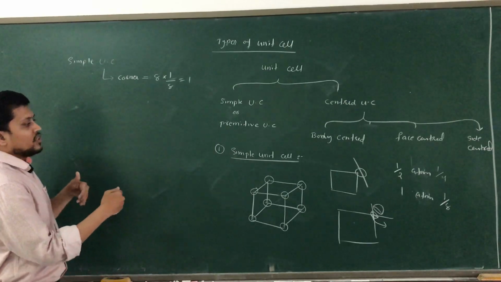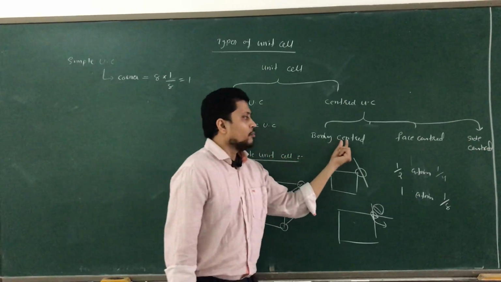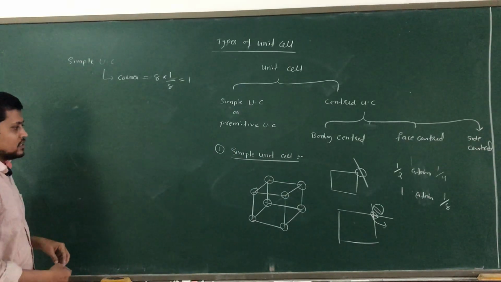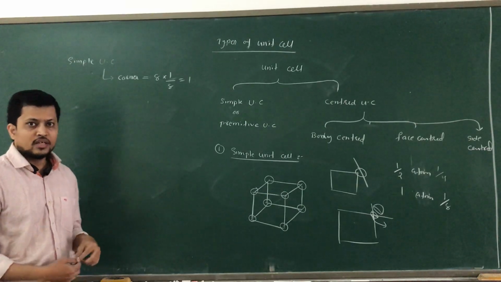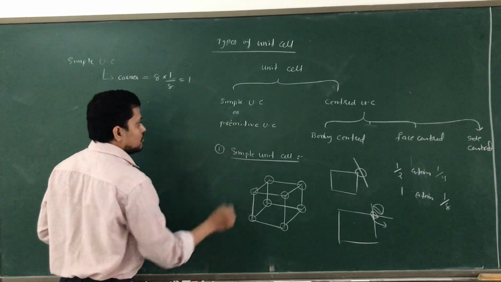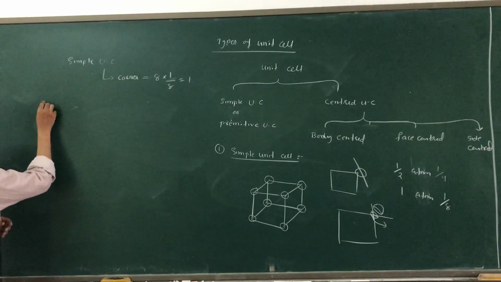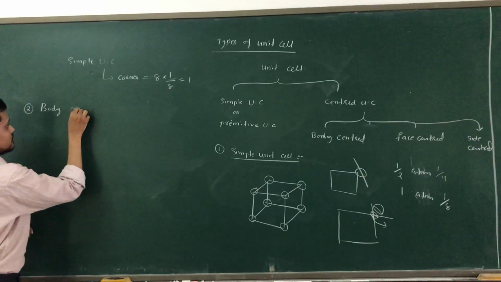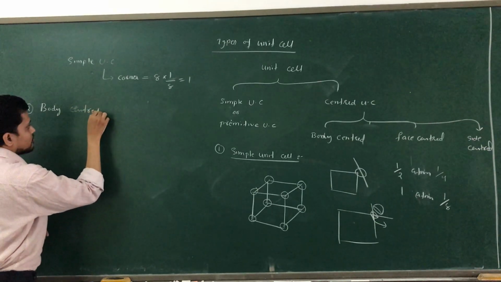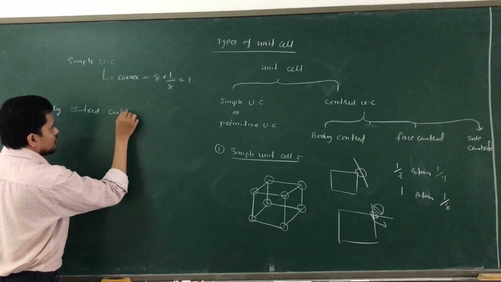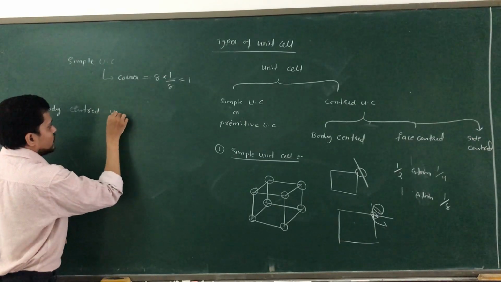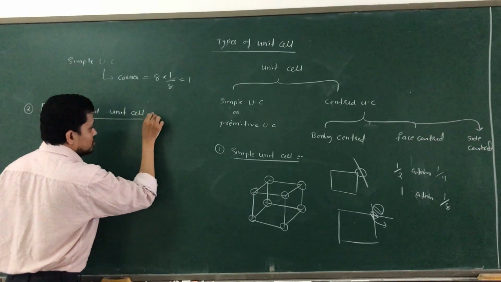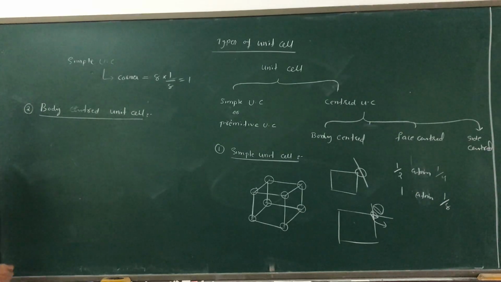Then after that we can go for the second unit cell, that is body centered. So we discuss body centered cubic cell. Next, second one I am showing, body centered cubic cell or unit cell.